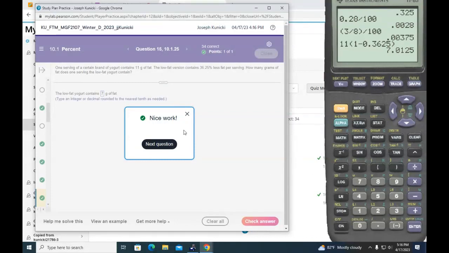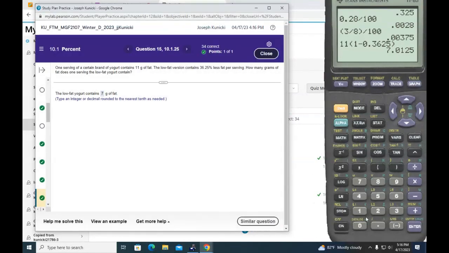Listen, here's how people would normally do it. They would say, okay, well, how much less is it? So you go 0.3625 times 11, and then you would subtract that. And now in the calculator, I'll just go minus 11. I know my answer is going to be negative. Oops. Excuse me.